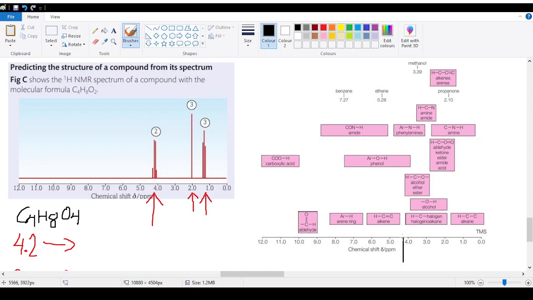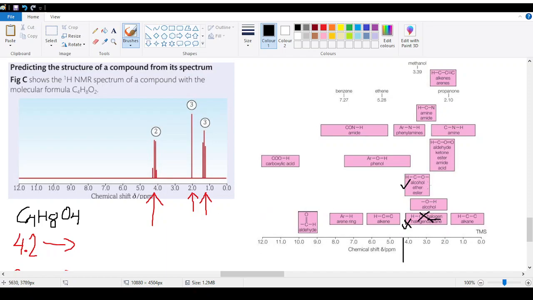So it's best matching this one or this one, right? Now I can ignore this one because this is halogen, and we don't have halogens, right?